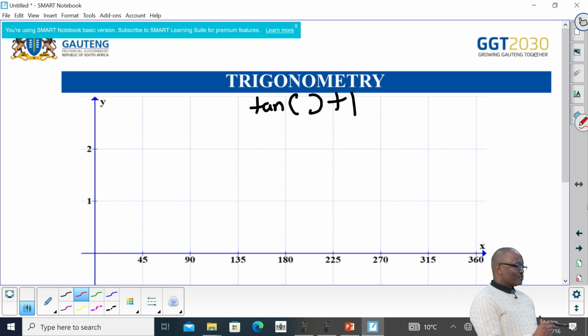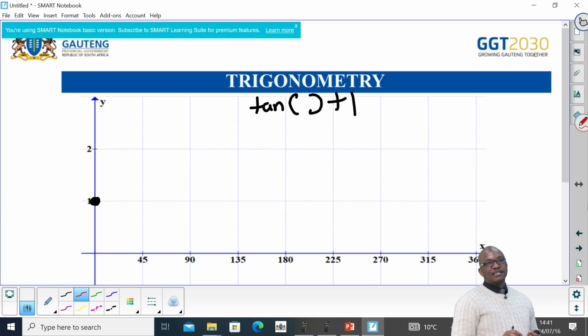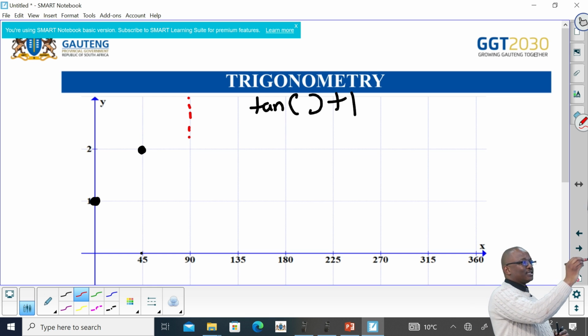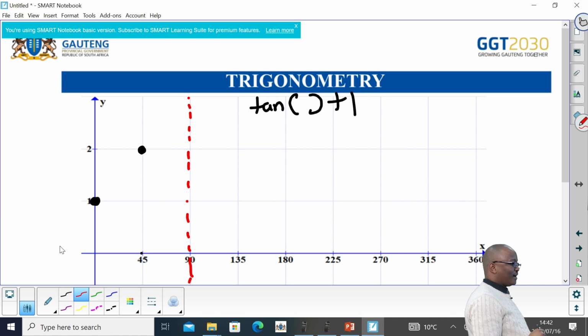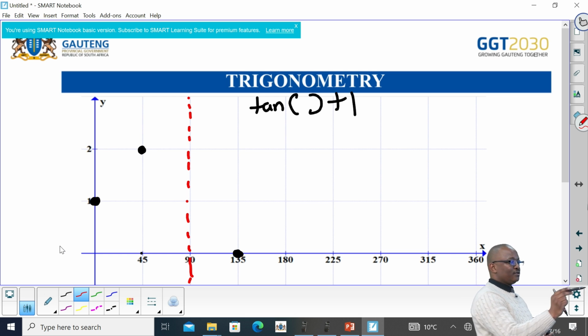Then the minute you substitute, you say tan of 0 plus 1, you are going to get 1. And if you say tan 45 plus 1, you are going to get 2. And always when you're saying tan of 90, you will get your undefined there. And 135, you will get 0. Then 180, you will get 1.